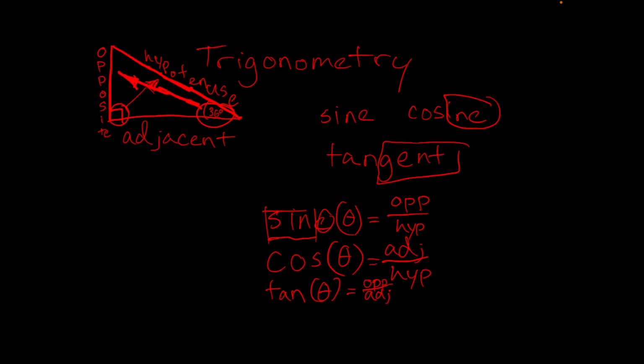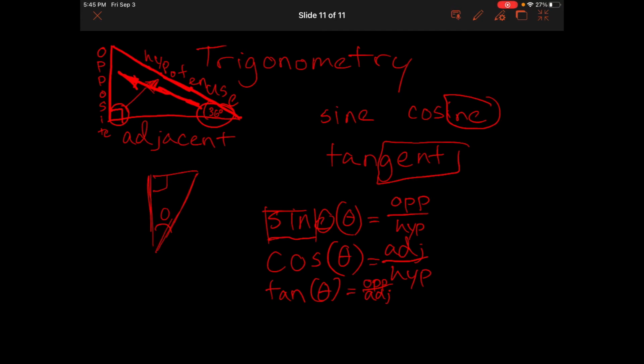So let's say we have a triangle like this. If the given angle isn't actually given, but it's represented, you just represent it with theta, which is basically just a 0 with a line through it. Alright, so let's say this side equals 5, this side equals 6, and this side equals 7.